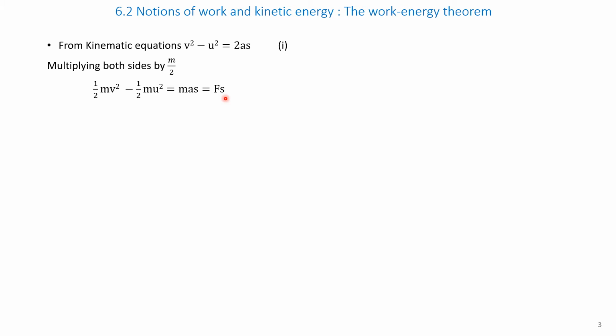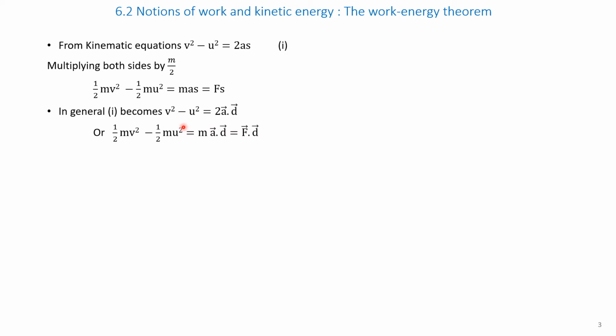We can generalize this equation as v square minus u square equals 2 into vector a dot vector d, where d is the displacement. Both a and d are vectors, please note.